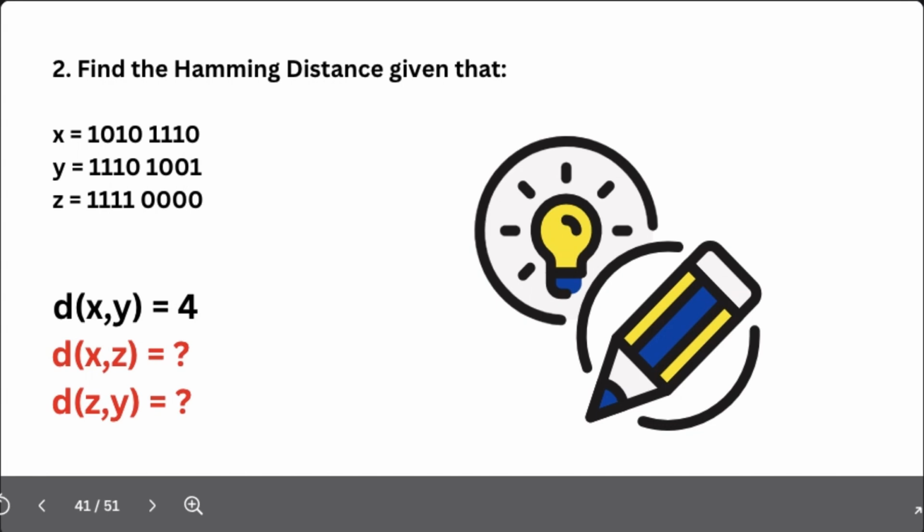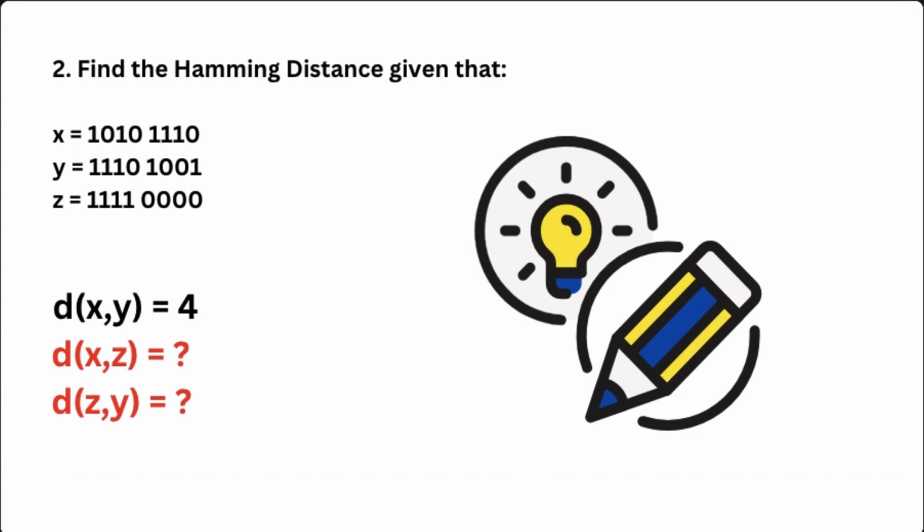We're going to repeat the same steps to calculate the Hamming distance for the remaining, which are the Hamming distances of x and z, and y and z. So pause this video and try to solve it yourself.